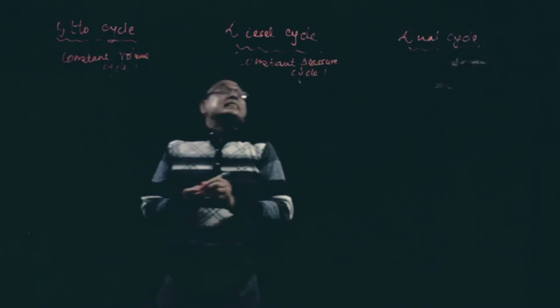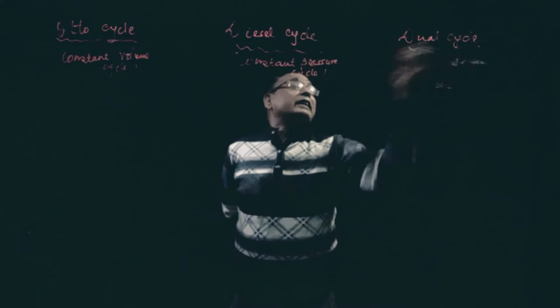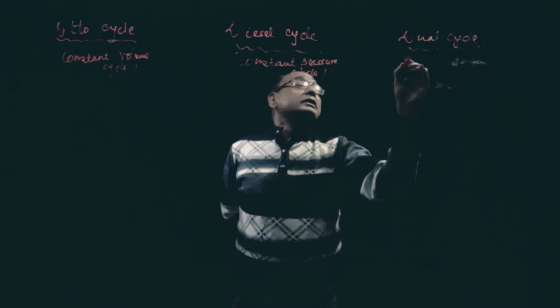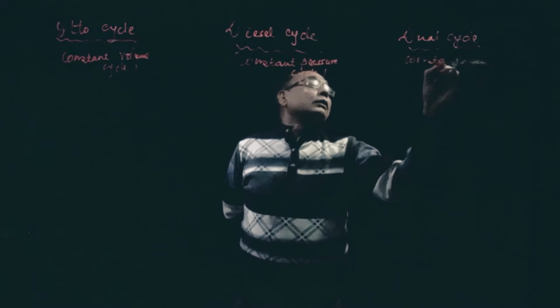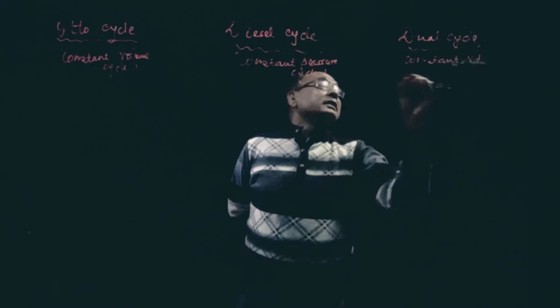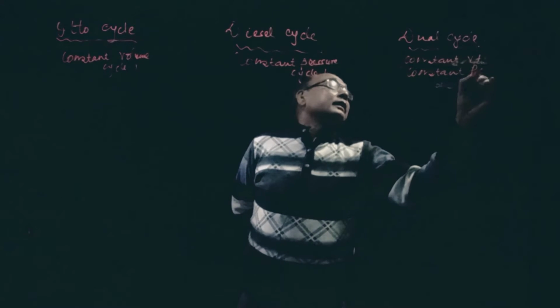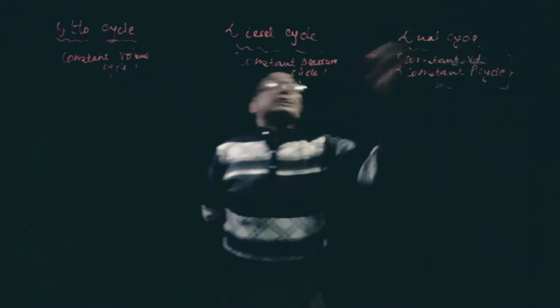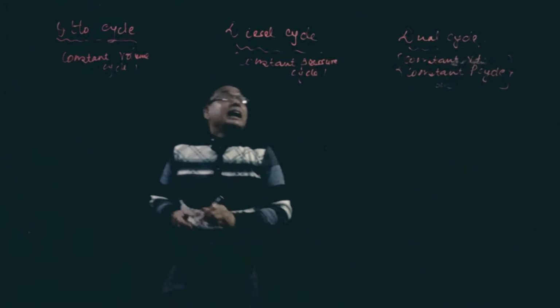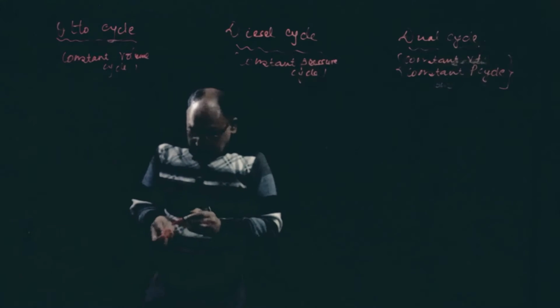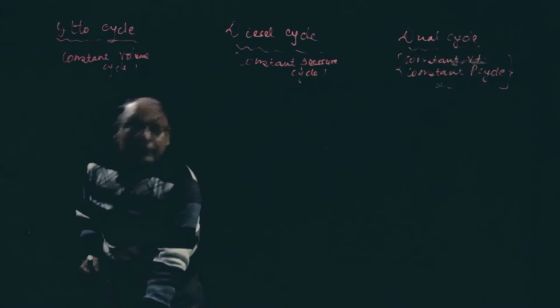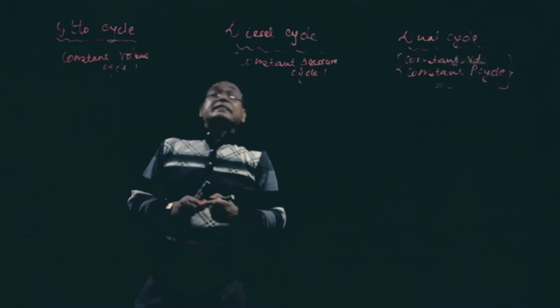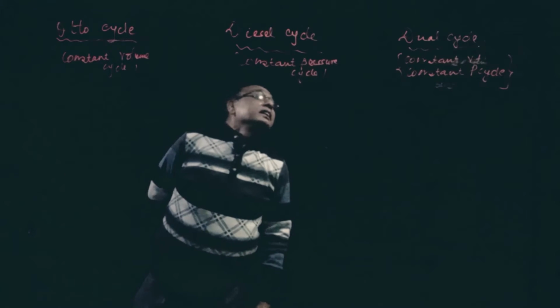Now, this is dual, as the name itself is dual, so it is constant volume plus constant pressure cycle. Okay, dual means combination. So both cycles, Otto cycle is also there and diesel cycle is also there. So both ways it is combined and mixed. That is why it is known as dual cycle.